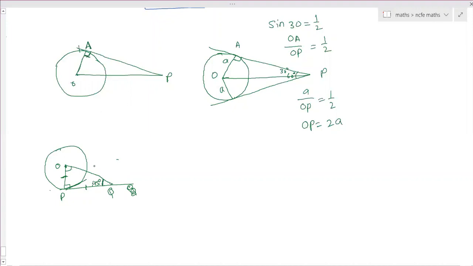AB and CD are the common tangents to the circles which touch each other at C. This is point C. D lies on AB such that CD is equal to 4.